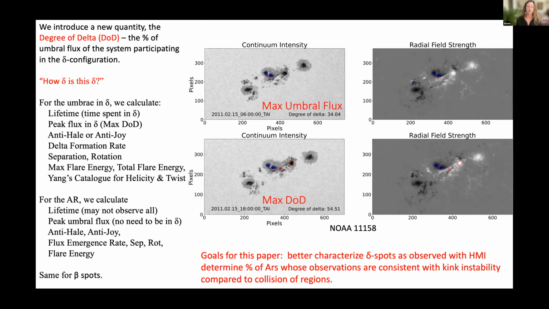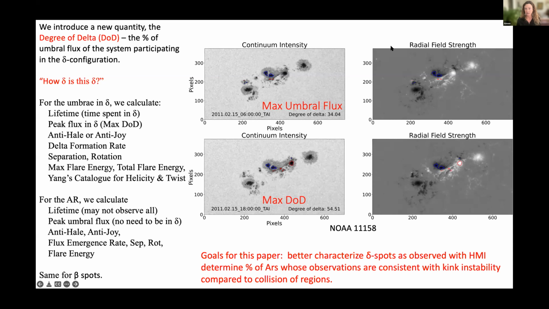That's a good question. In the paper that we're working on right now, we introduce a new quantity called the degree of delta. Those in the Stanford group have heard me mention this before in our Tuesday meetings. It's essentially a measure of what percentage of the umbral flux of the system is participating in the delta configuration.